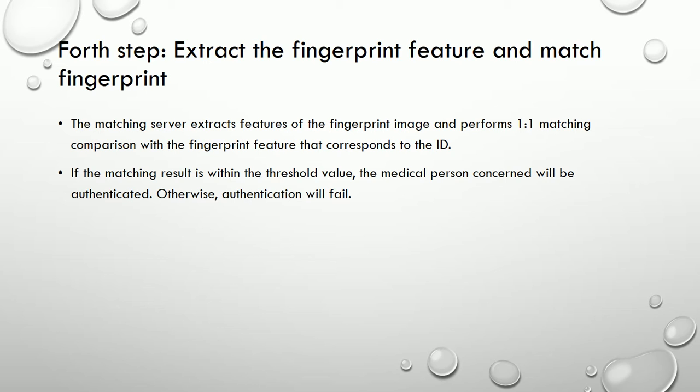And the matching server extracts the feature of the fingerprint image and performs 1 to 1 or 10 to 1 matching comparison with the fingerprint feature that corresponds to the ID. Of course, if the matching result is within the threshold value, the medical person concerned will be authenticated.